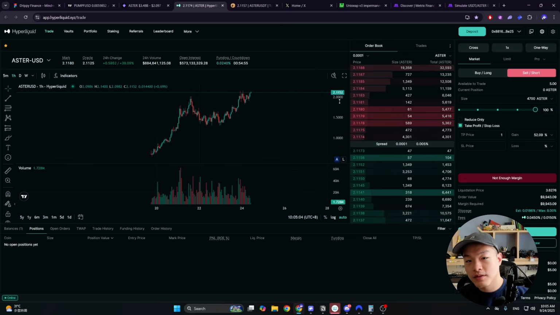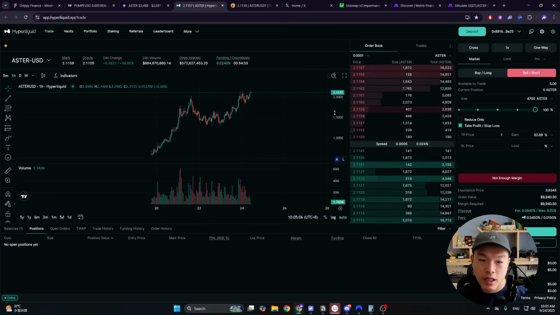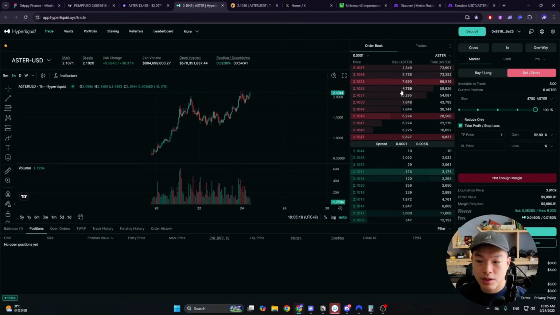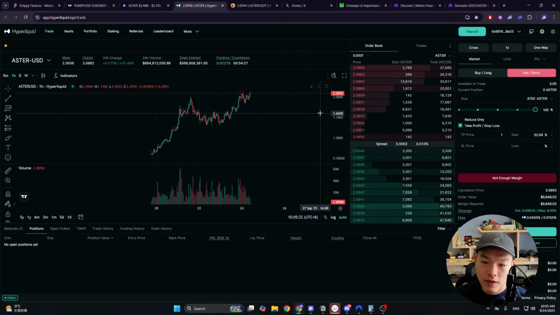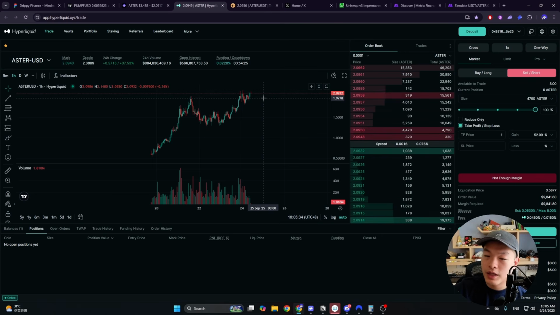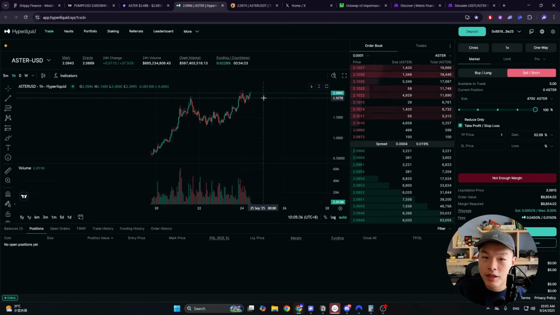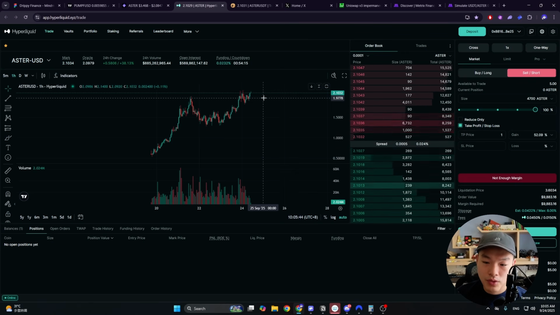So if a token moves up by like 50% overnight, then using a higher leverage could liquidate you. And if you're not using different platforms like VFAT to automatically close out your position, then you could be at risk of the token moving up pretty high, liquidating your short, and then moving down aggressively back to the original price. And basically you lost that money that you went short on, right?